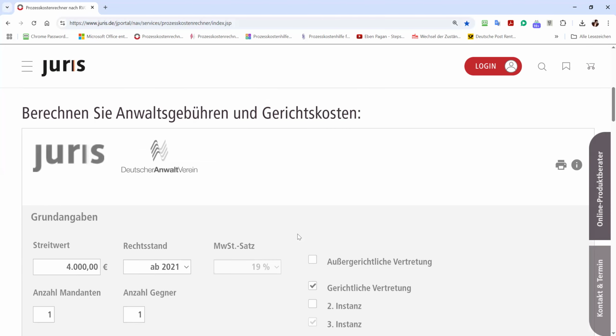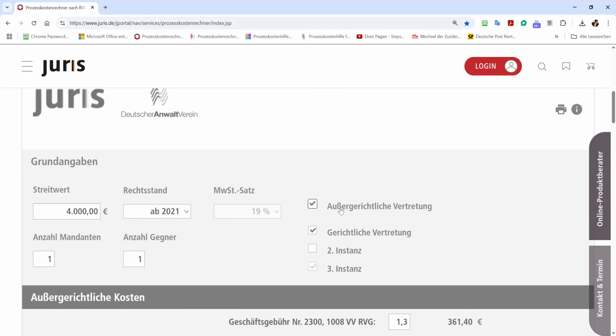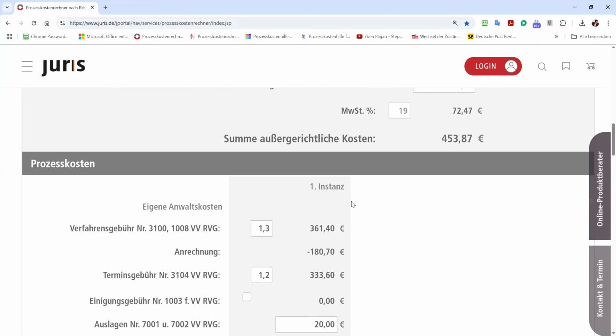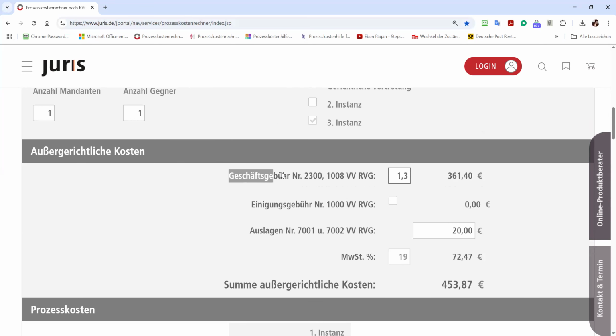Now, we're talking about this fee here. If you click on this one, außergerichtliche Vertretung, which basically means out of court representation, you'll see that this is the business fee that your attorney gets for his out of court representation, right?